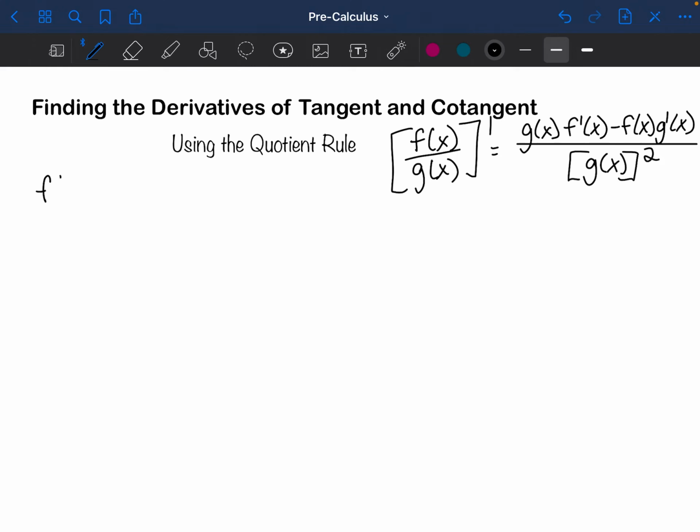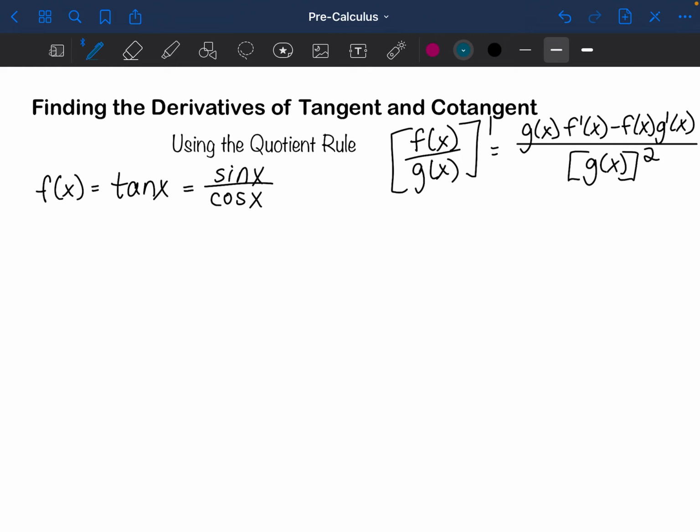Now you might be thinking, well, tangent isn't a quotient. But you have to remember that tangent can be written as sine over cosine. And if we know the derivatives of sine and cosine, well, then we can definitely use the quotient rule in order to figure this out.